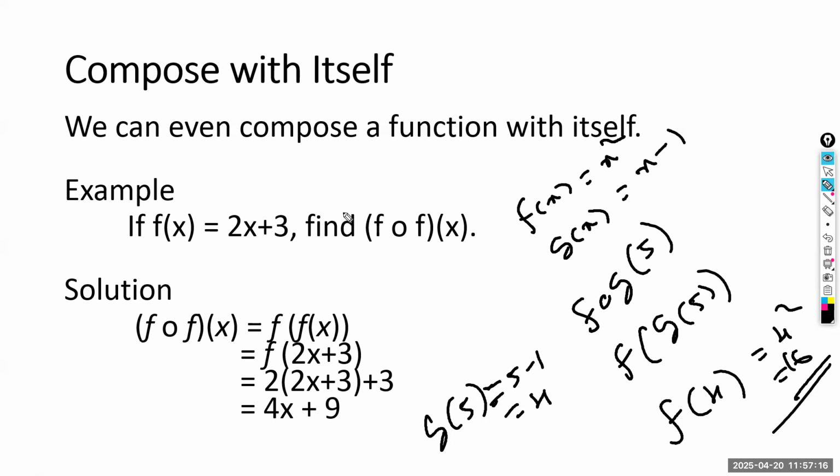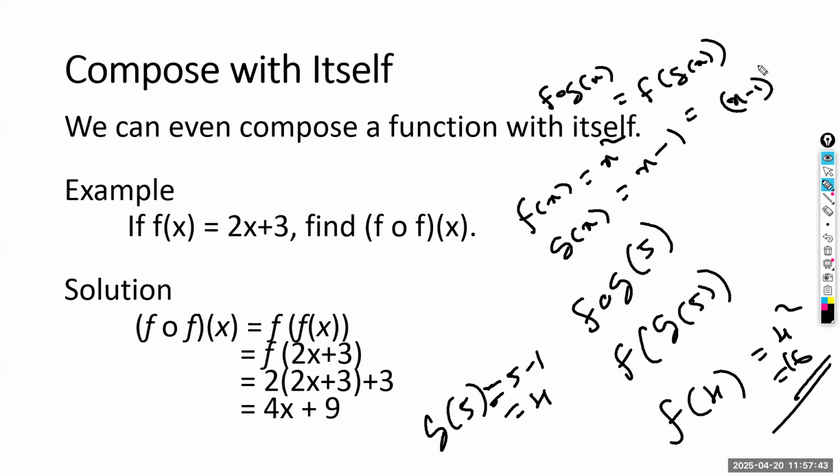What is the other way? This is one way. The other way is, forget about the f of g(5). You write f of g(x). f of g(x) is f of g(x). That is, you write f(x), but instead of x, you write g(x), which is x minus 1.